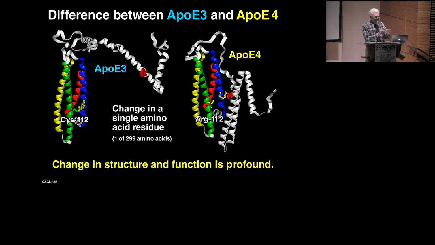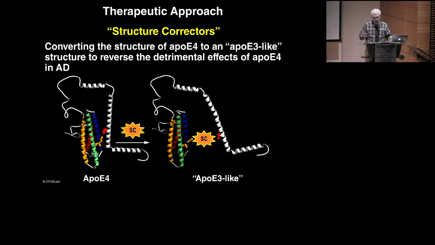Obviously, as I said, I cannot go into the detail of what I would do, but I've tried to explain that to you. But also in this section, I would present data that we have small molecule structure correctors that can insert within the structure of ApoE4 and disrupt this amino terminal, carboxy terminal domain interaction, converting ApoE4 to an ApoE3-like molecule, and in so doing, reverse the detrimental effects of ApoE4.